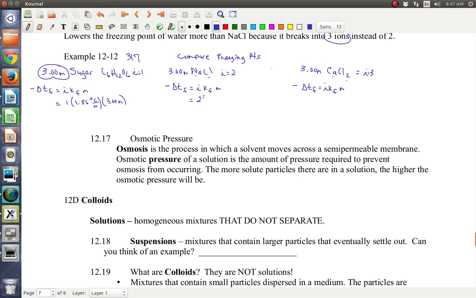So this is 2 times 1.86 degrees C per molal, and this one is 3 times 1.86 degrees C per molal, and the same molality. All right, we have to put all these into our calculators to find the delta T sub f. Remember that we're also going to need to multiply the final answer by a negative sign, so that we end up saying that delta T sub f is negative something for each one of these.